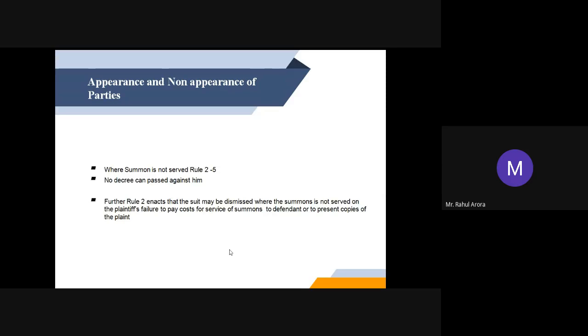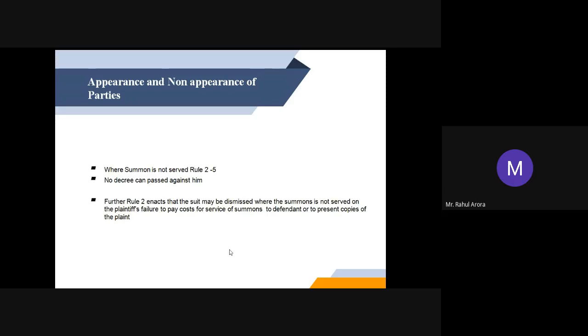If there is a fault on the part of the plaintiff, thereby summons could not be served to the defendant in due time given by the court or as stipulated under the Code of Civil Procedure, then the court may dismiss his suit as he does not fulfill his duty given under the law, meaning thereby everyone has to approach the court with clean hands, as his hands are not clean.